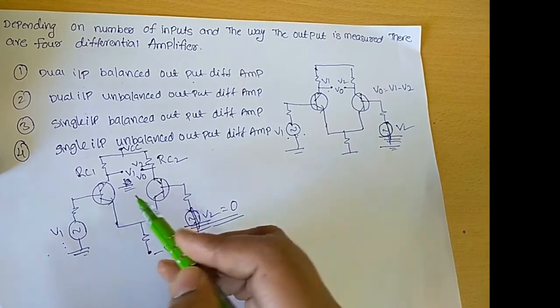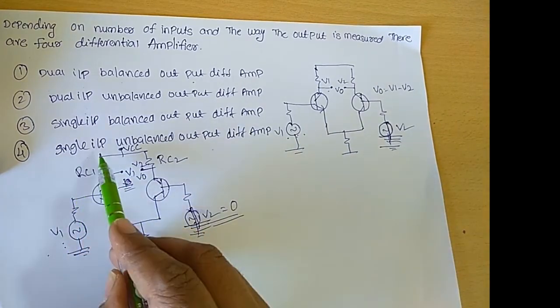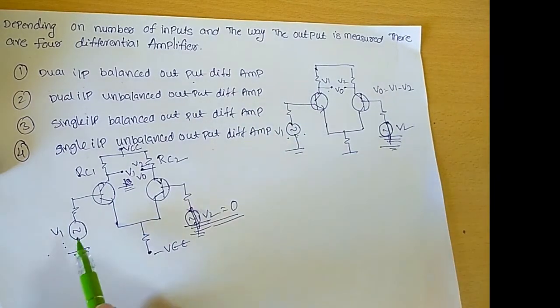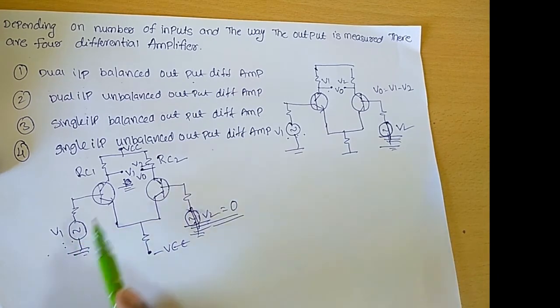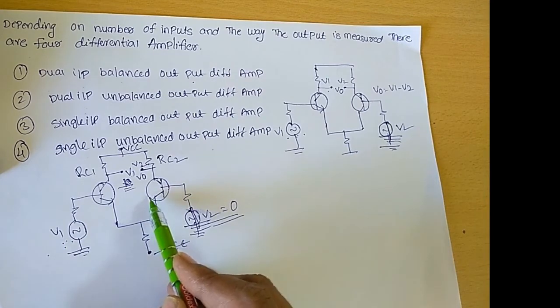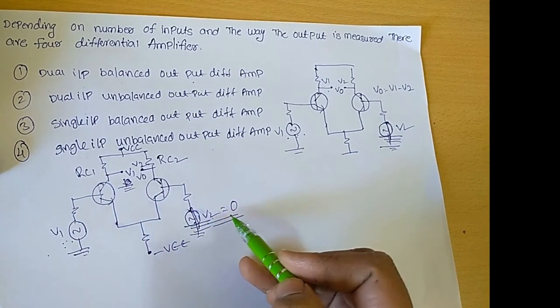And the last one is the single input unbalanced output differential amplifier. It means that in this circuit we give a single input voltage. The Q1 transistor input voltage is V1 and the Q2 transistor input voltage V2 equal to 0.